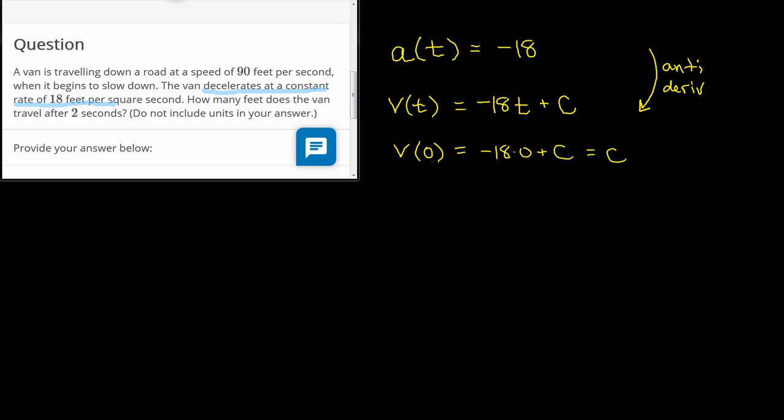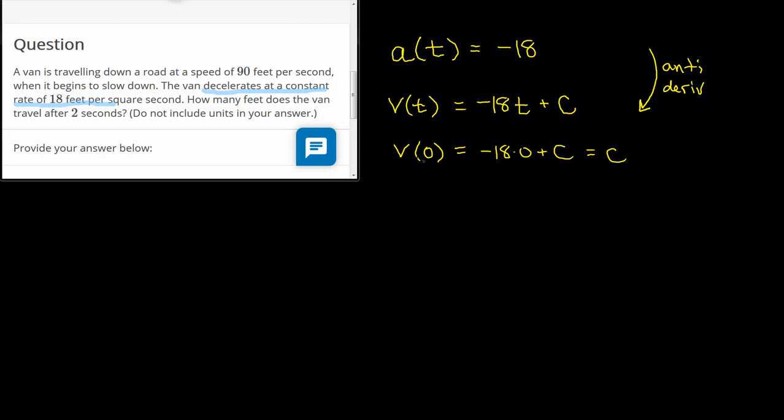So at time 0, c is the velocity of the car. Or maybe I said that backwards. What I should have said is c is how fast the car is going at time 0.